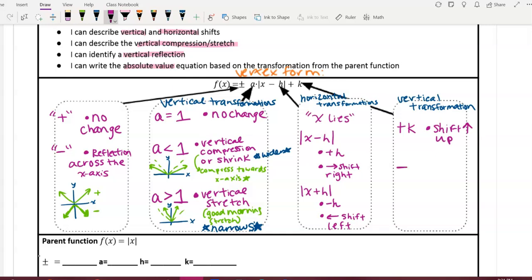And when we have a negative k, we shift down. So k is exactly what she says she is. Unlike x, he's always lying about who he hangs out with.